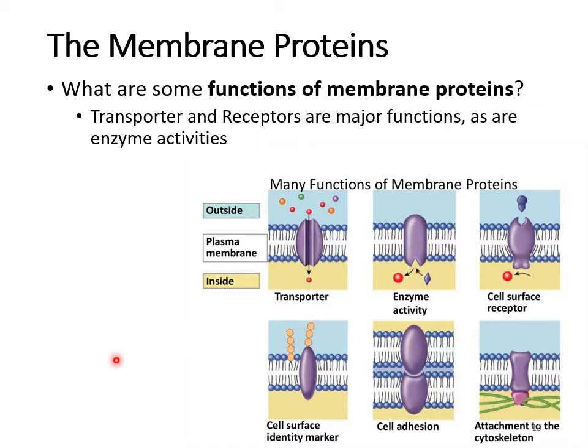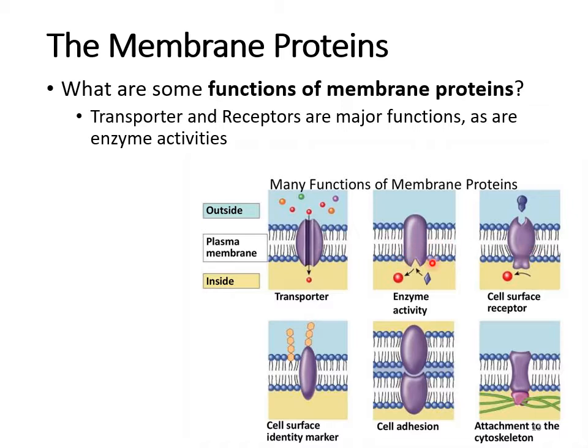Some of the ones that your textbook will talk about are the transporter roles in terms of getting ions and molecules across the lipid bilayer part of the membrane. There's also cell surface receptor roles, which are very important in terms of cell signaling and really understanding extracellular signals like those carried by hormones or neurotransmitters.